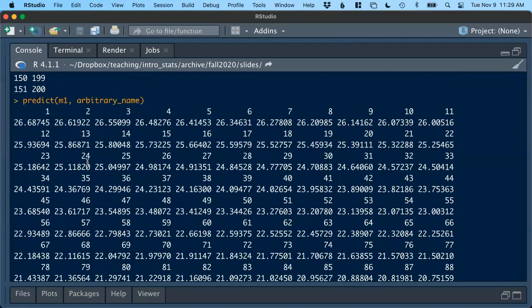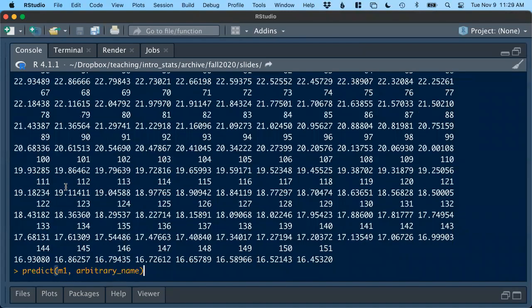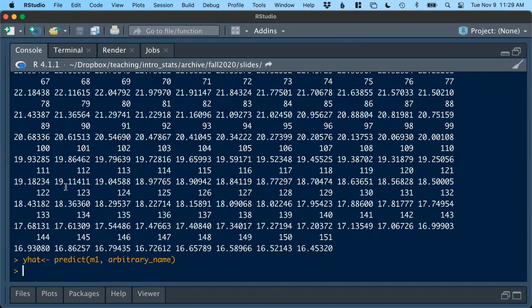And once I have that, I'm in business, because what is this? This is y hat, our expected value for y. And x is equal to the values in arbitrary name, HP. So I can use the plot function to plot arbitrary name, HP, and y hat on the y.